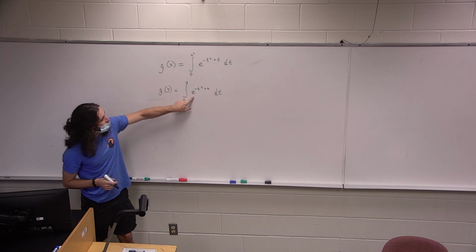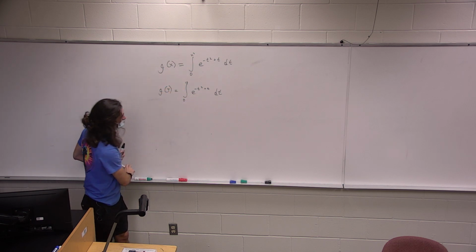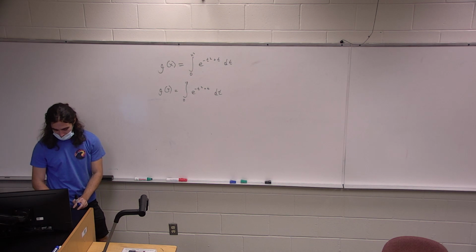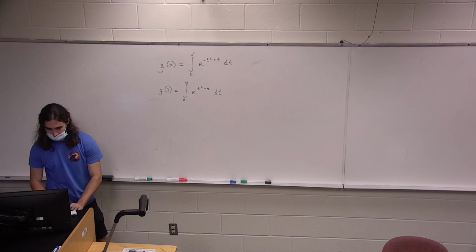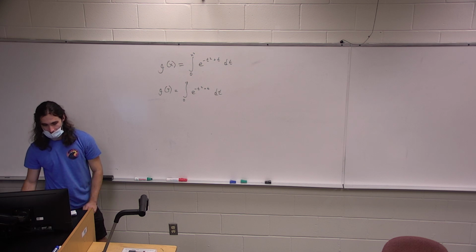I have no clue what that looks like, e to the negative t squared plus t. Let me take a look on a computer so that I can draw it faithfully. Wow, that's kind of wild.